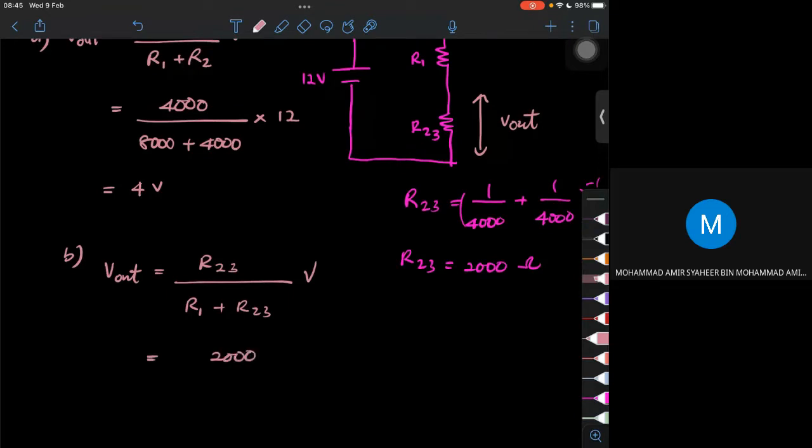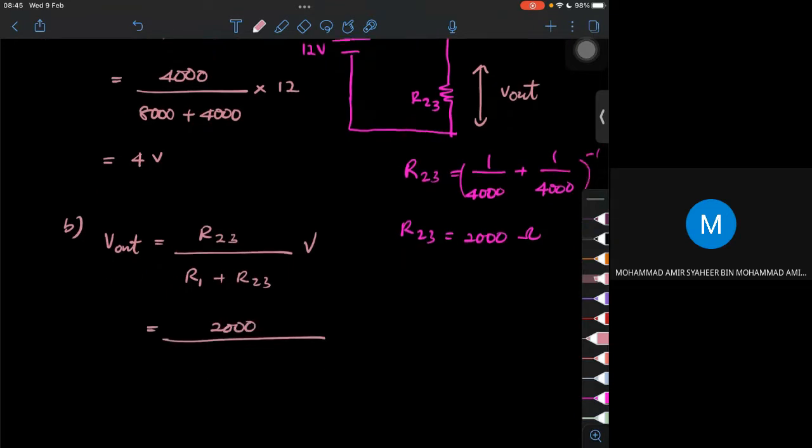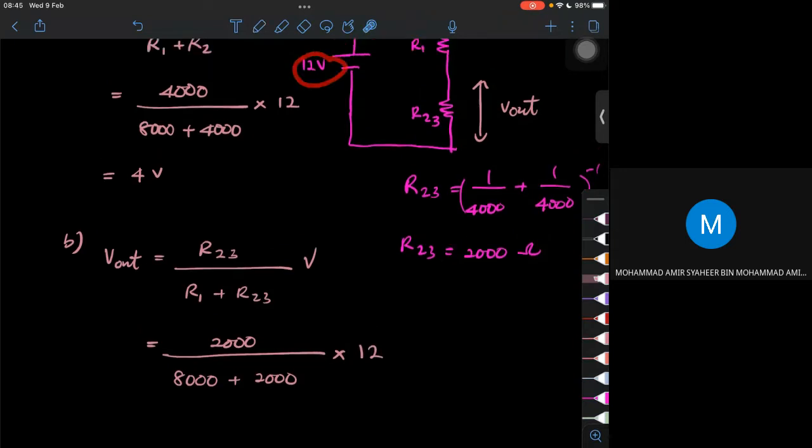So here 2,000 divided by 8,000 plus 2,000 times with the voltage. So voltage dia tidak berubah, still 12 volt here. It will be equal to 2.4.